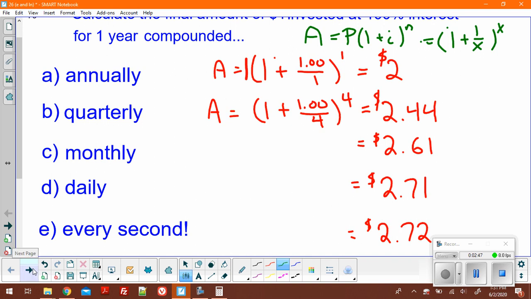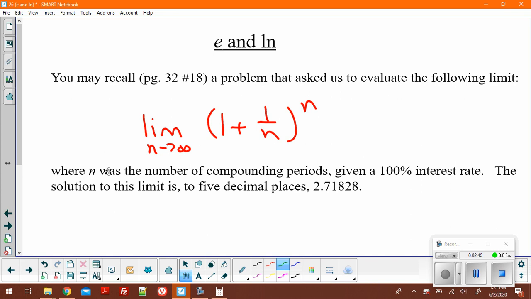This next slide talks about the same thing: the limit looks something like this. The limit as n goes to infinity of (1 + 1/n)^n. Going through this to 5 decimal places, the limit is 2.71828 and so on.